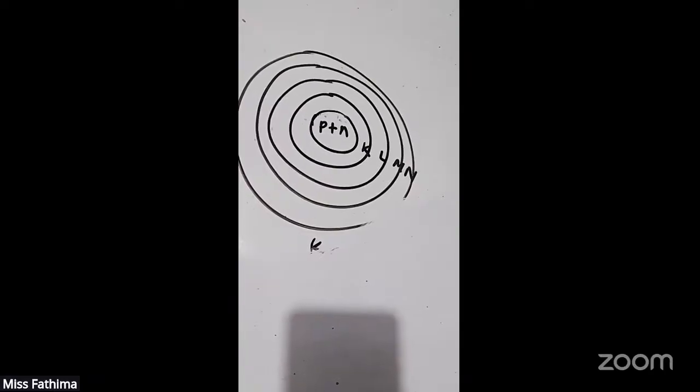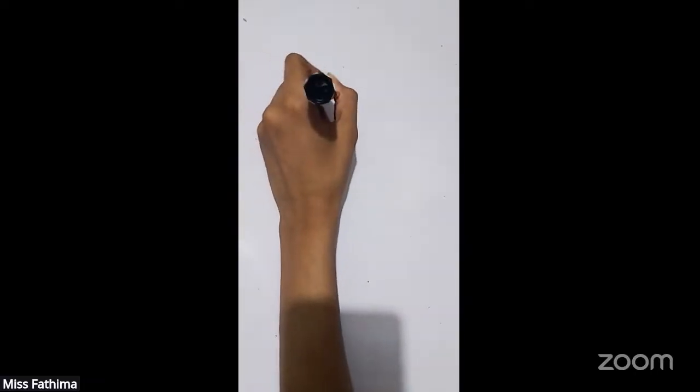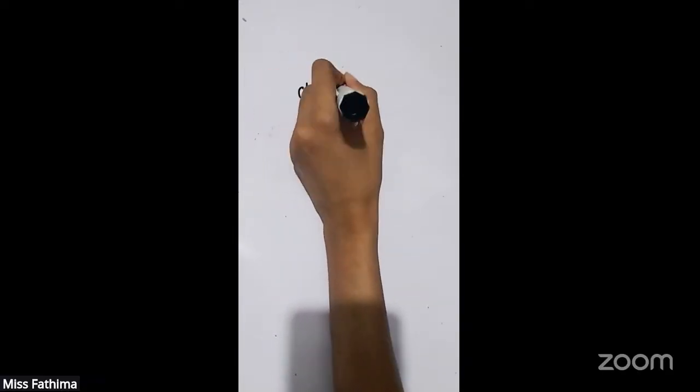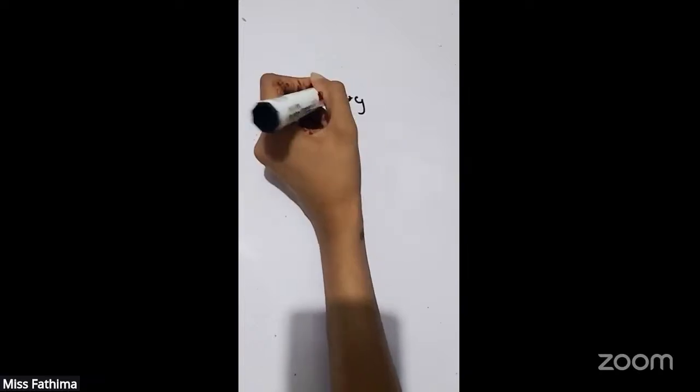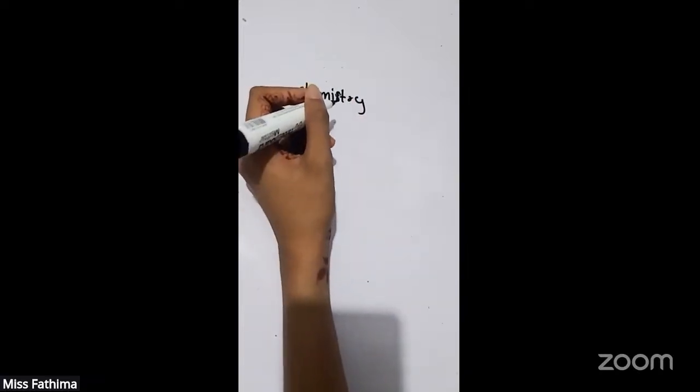Right. So now we are going to introduce the periodic table, right? In nature, when you study chemistry, chemistry is all about elements and the reactions between chemicals, the equations, and the calculations.